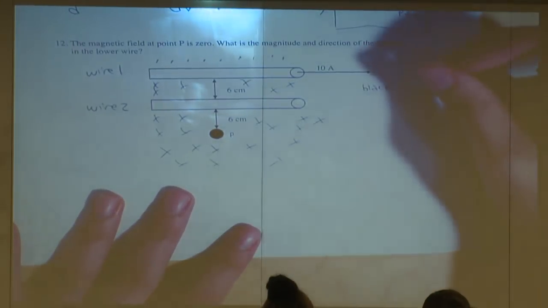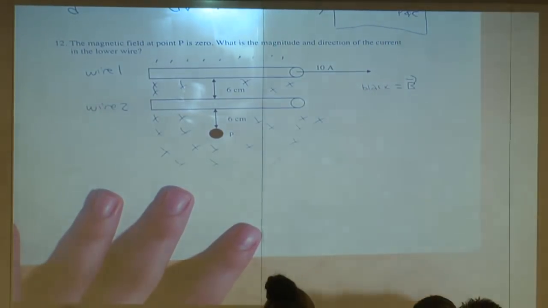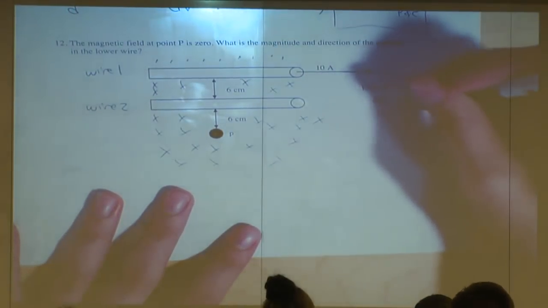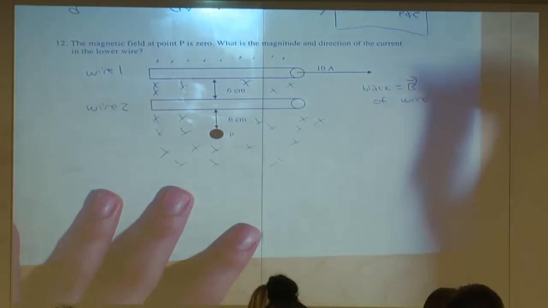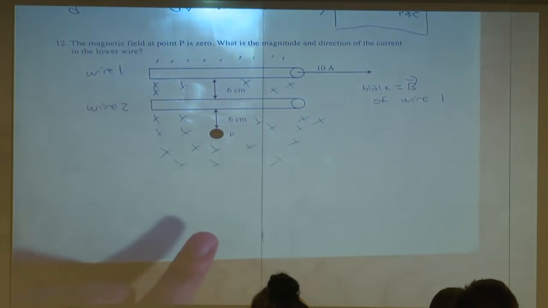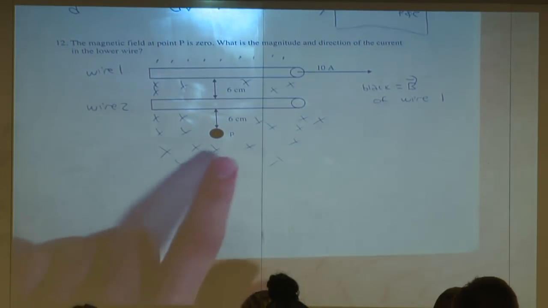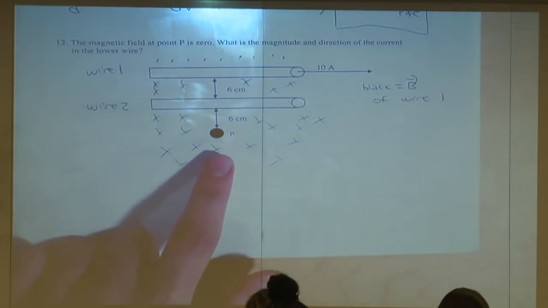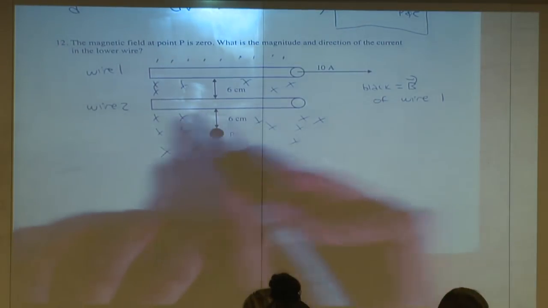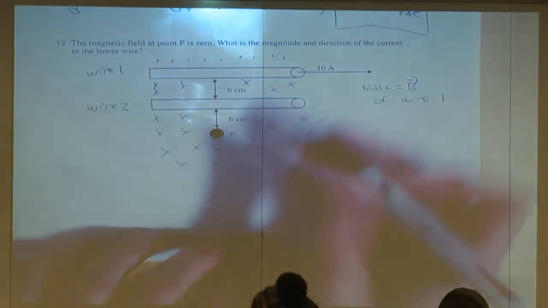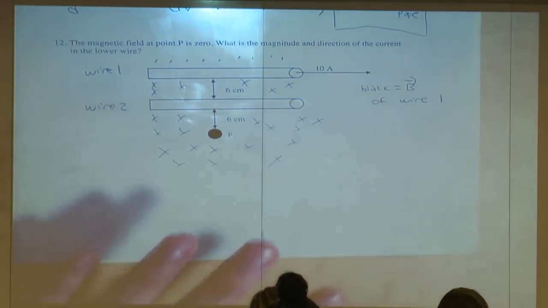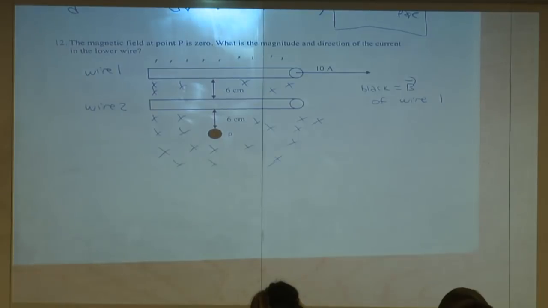So black equals the magnetic field B of wire 1. We know that the magnetic field at point P is 0. Therefore, the magnetic field due to wire 2 would have to be the opposite of this inward field, because in order for it to be 0, there has to be opposing fields.